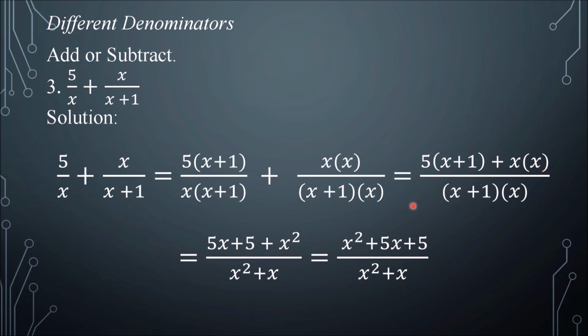Simplifying this, we distribute 5 to x + 1. So, 5x + 5 + x squared. Now, rearranging this, we have x squared + 5x + 5 all over multiplying the denominator, x squared + x. So, that's the final answer: (x squared + 5x + 5)/(x squared + x).